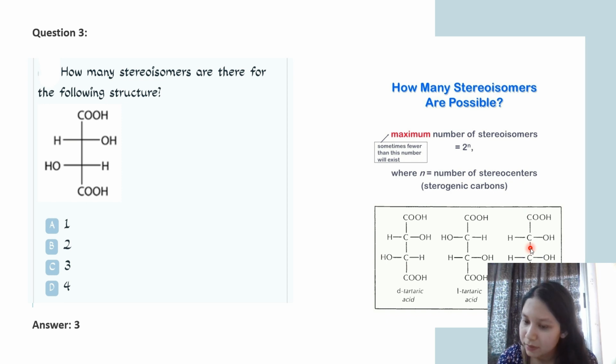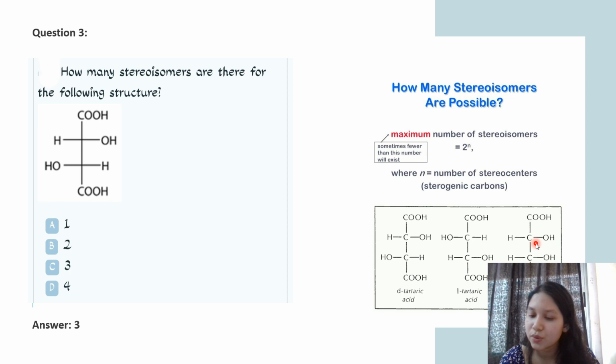What will happen? The upside COOH group will come downside, the downward carboxylic group will go upside, the hydroxyl groups will come towards the left side, and the hydrogen groups will come to the right side. So that molecule and this molecule will be the same one.